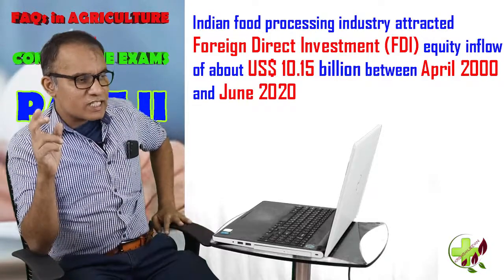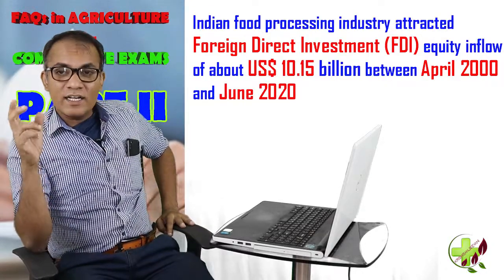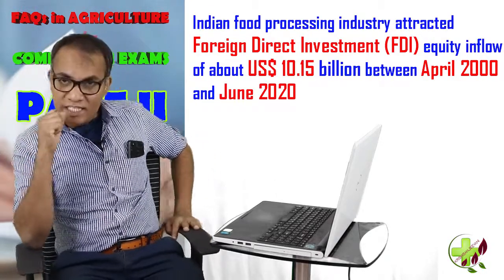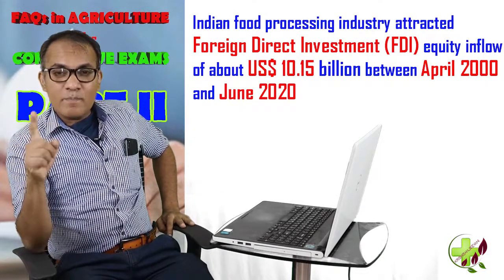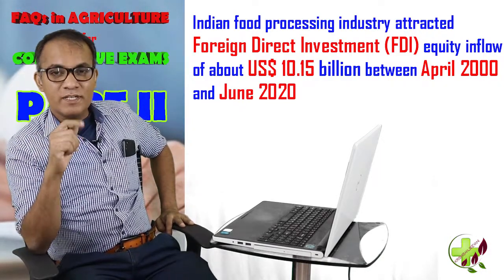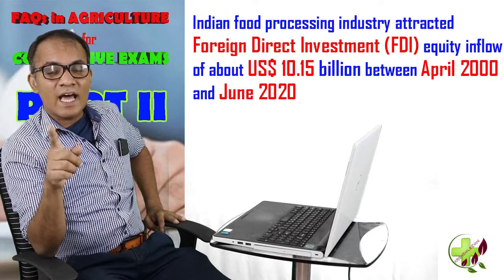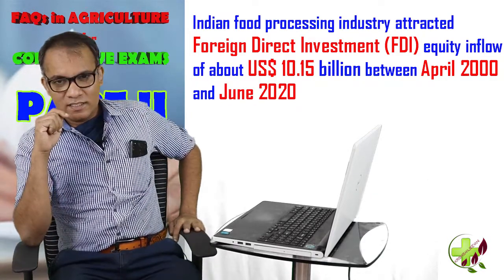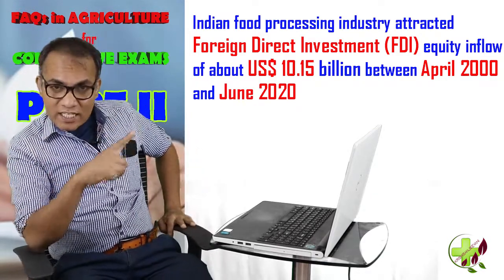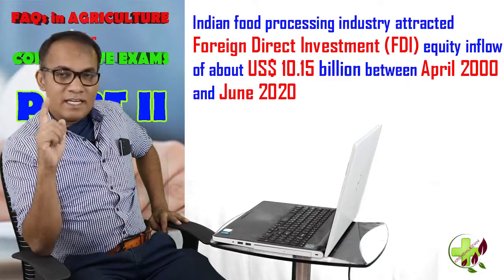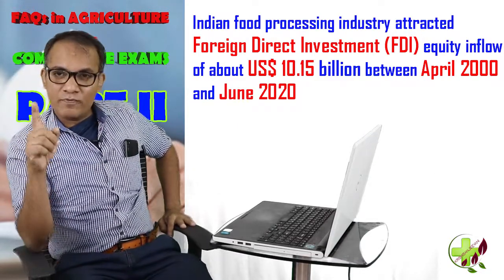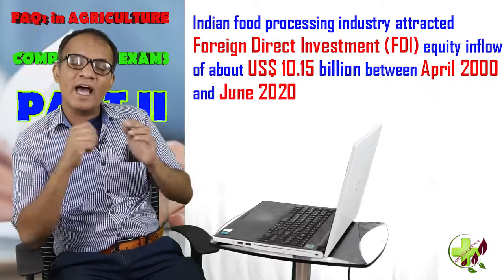The Indian food processing industry attracted foreign direct investment, FDI equity inflow, of about 10.5 billion US dollars between April 2000 and June 2020. These statistics have been officially declared by DPIIT, or the Department for Promotion of Industry and Internal Trade.